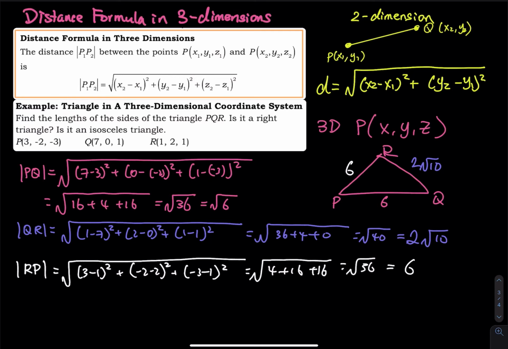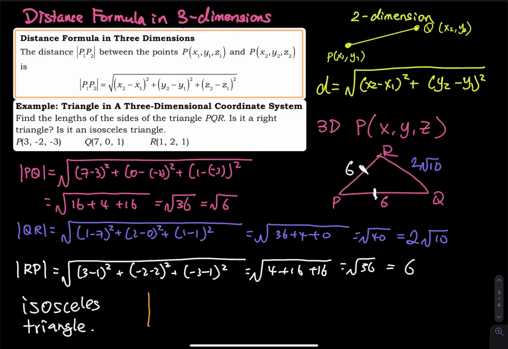I don't think that is a right triangle. This one is already isosceles because this side and this side have the same measurement. So we can say that this is an isosceles triangle. But if you want to say that it is a right triangle, you have to do a little proof. I don't think that is going to work, but we can try.